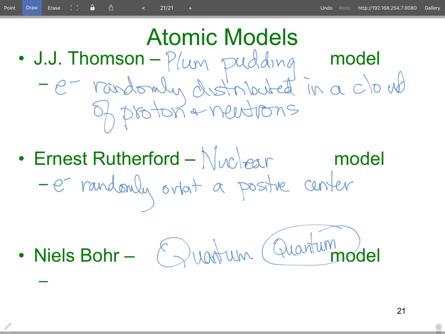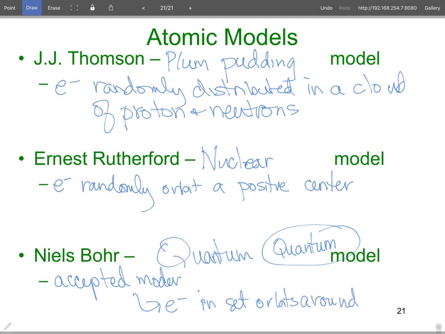And what it is, this is the accepted model, and it works the same way as Rutherford's, but the electrons are in set orbits around a positive center.